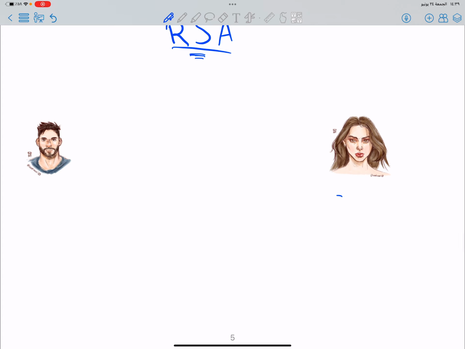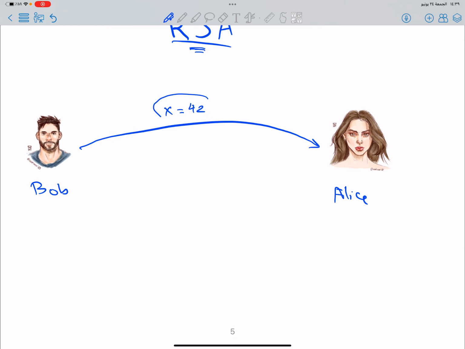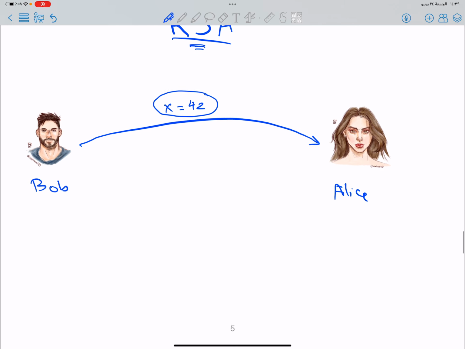We have two persons, Bob and Alice. Suppose Bob wants to send a message to Alice, for example x equal 42. This is the message. Bob wants to send it to Alice.